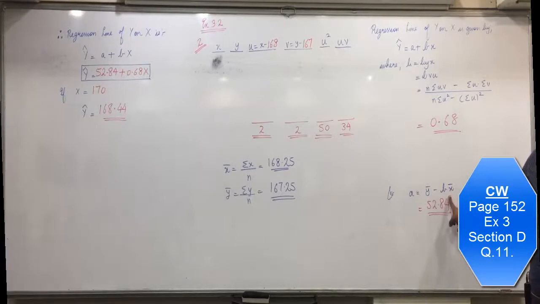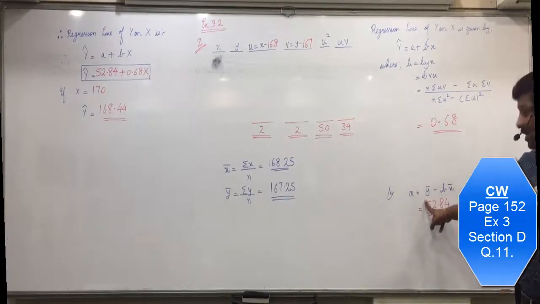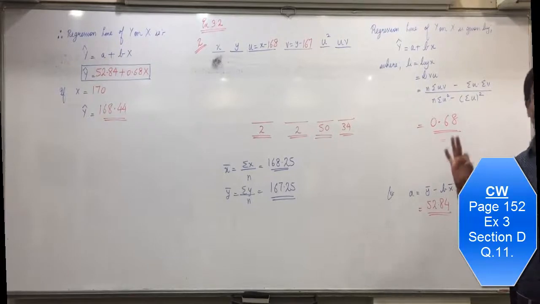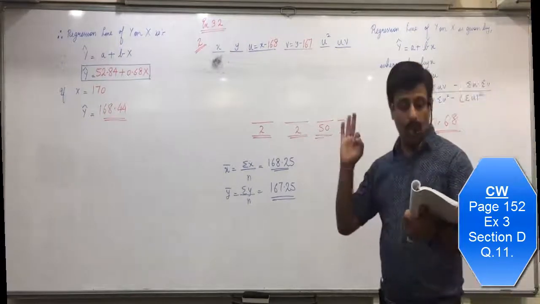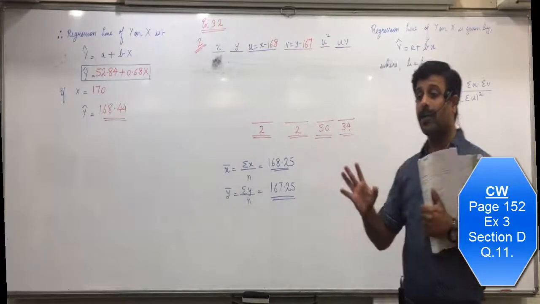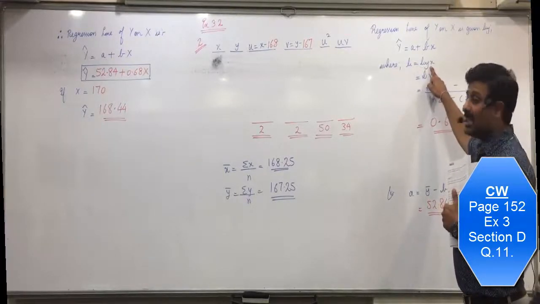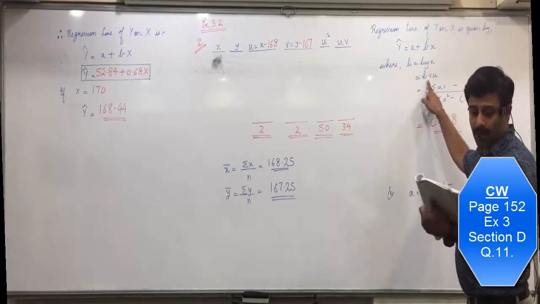Neither given nor it can be obtained. What is y bar? Neither given nor it can be obtained. A cannot be obtained. You cannot find regression line of y on x in this question. Regression coefficient of regression line of y on x means you have to find only b, which is byx and which will be equal to bvu.